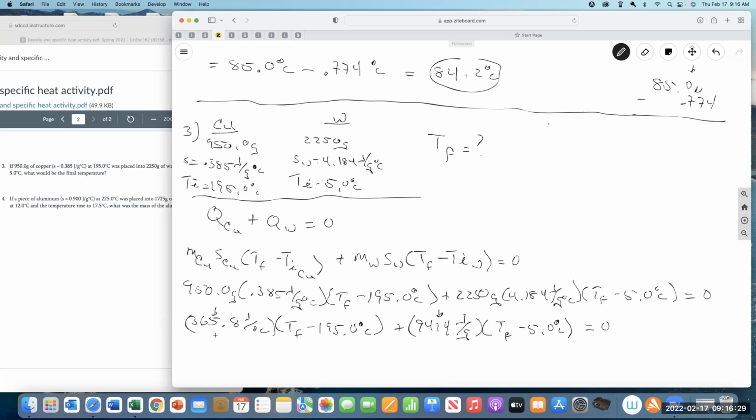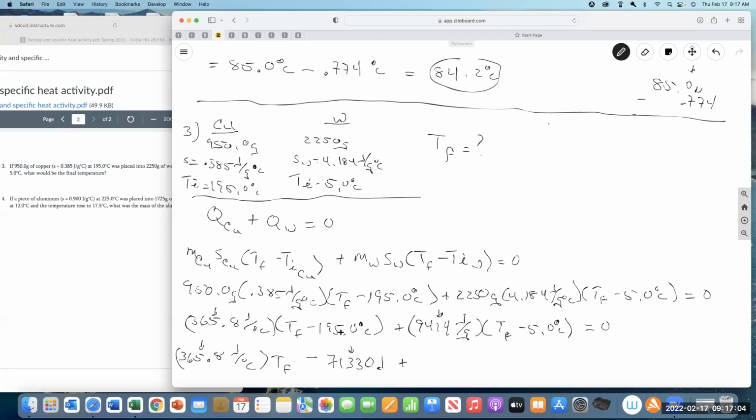Now distributing through, 365.8 joules per degree C times TF minus the 365 times 195. It's going to be a big number. That's 3 sig figs, 713, and that's in joules.